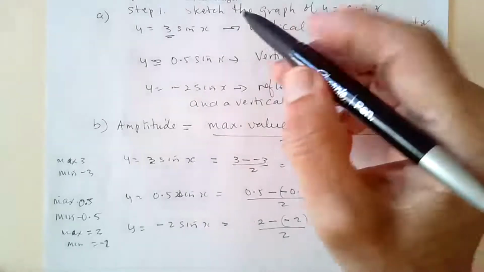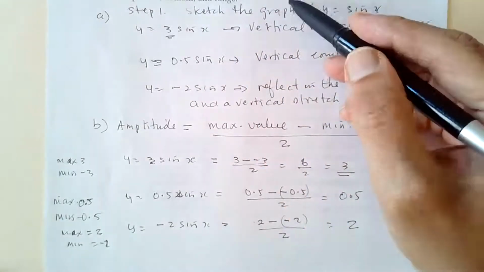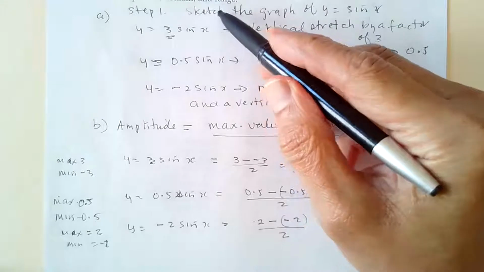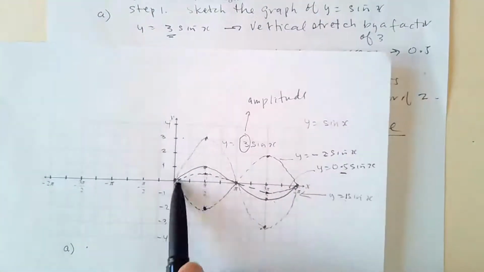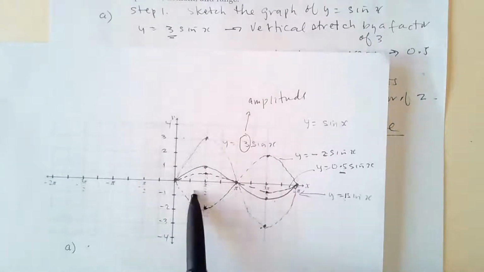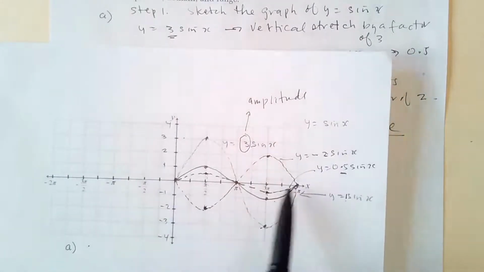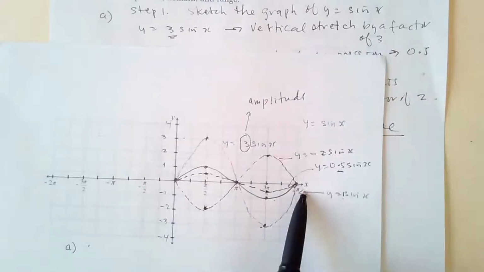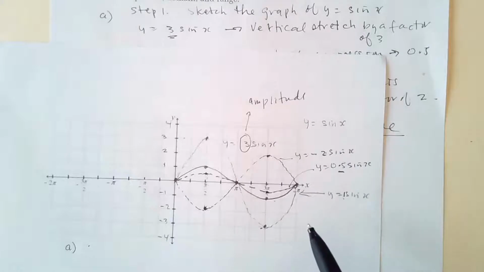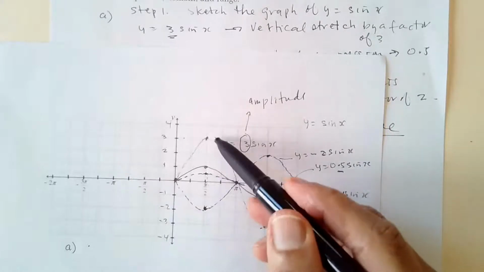So in the last part, compare each graph of the function sine x, considering the period, amplitude, domain, and range. If we were to look at them, the period is all the same. Period is 1, because from 0 to 2 pi. The range varies, depending on the amplitude.